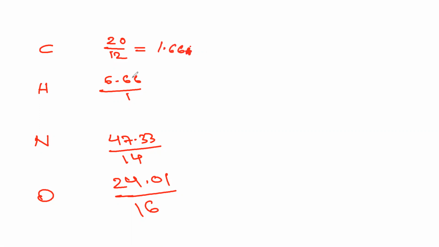Similarly, 6.66 by 1 is 6.66. And 47.33 divided by 14 is equal to 3.38. Similarly, 24.01 by 16 is equal to 1.50. Next step, out of all these, which is the least one? If you see, 1.50 is the least one.